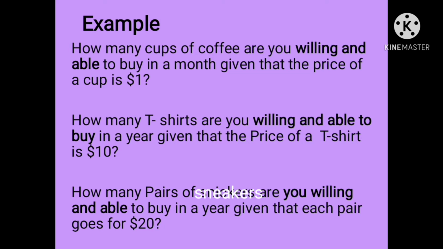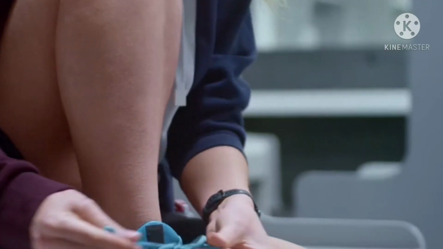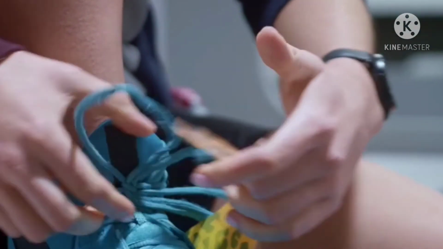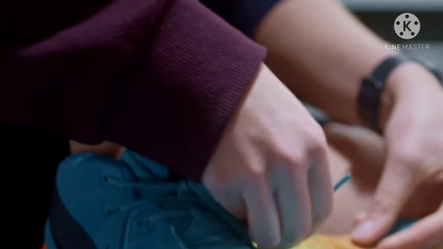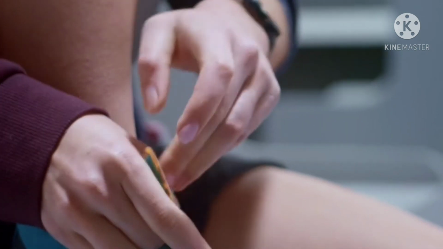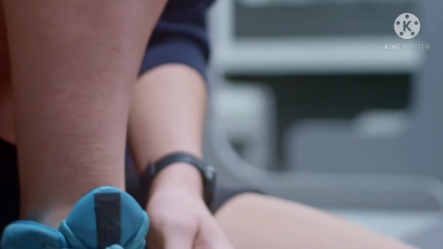Then the other is how many pairs of sneakers are you willing and able to buy in a year, given that each pair goes for $20. Are you willing to buy 2, 3, or even you are not? Okay, you are willing, but you are not able to buy any in a year. That is desire.